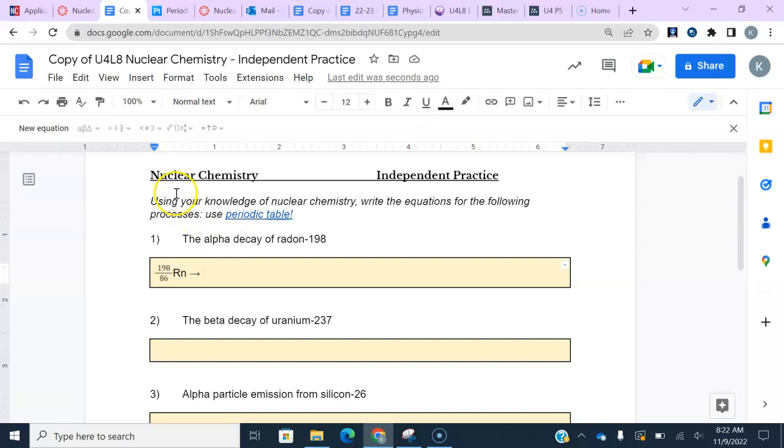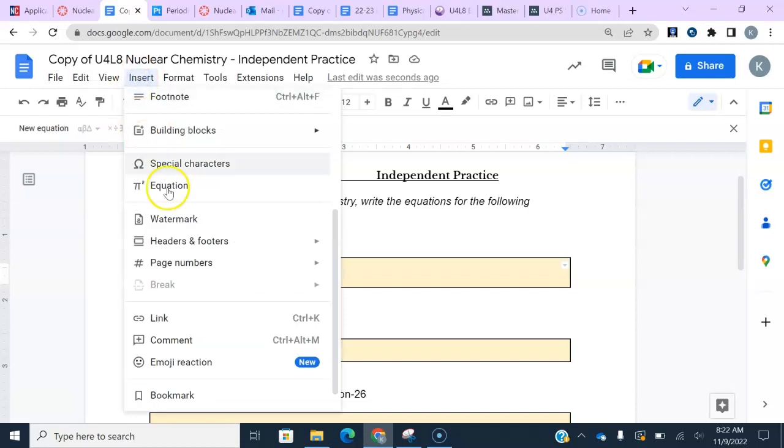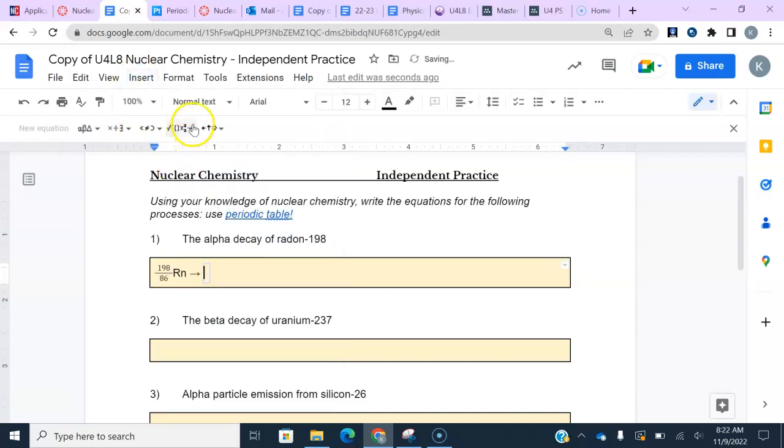Okay, so I'm going to do the same thing I did with my radon and just demonstrate that here in the equation. So I'm going to go to Insert, Equation. You want another fraction. And again, we're losing 4 atomic mass, and we're losing 2 of the atomic number, right? So this is what we're losing in alpha decay. This is the equivalent of a helium nucleus. So we write He to show that basically radon is losing a helium atom, okay?